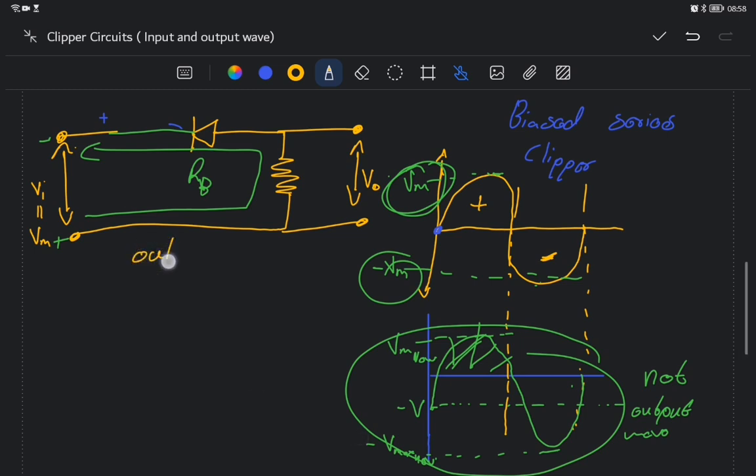So output wave, there it is, wave will be like that. Let's see, show you that. So it will be the referencing point, remember, very important. Actually, let me draw a different color.